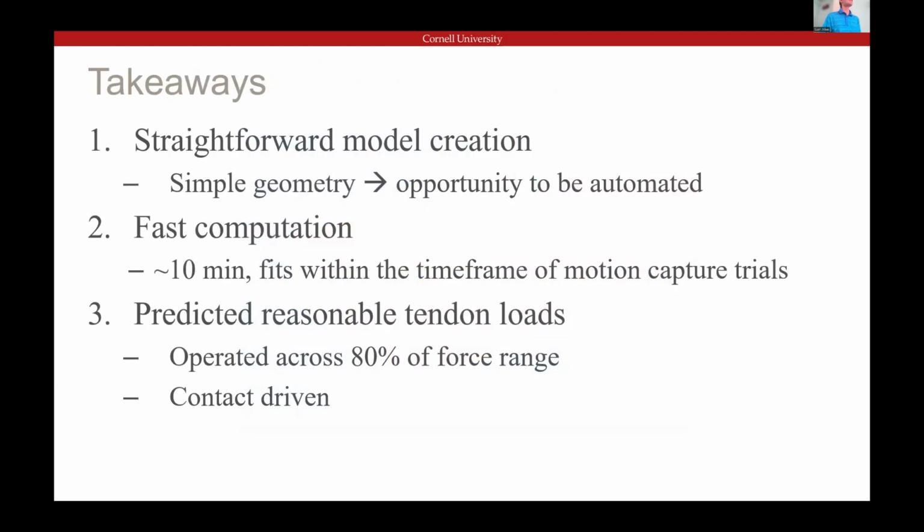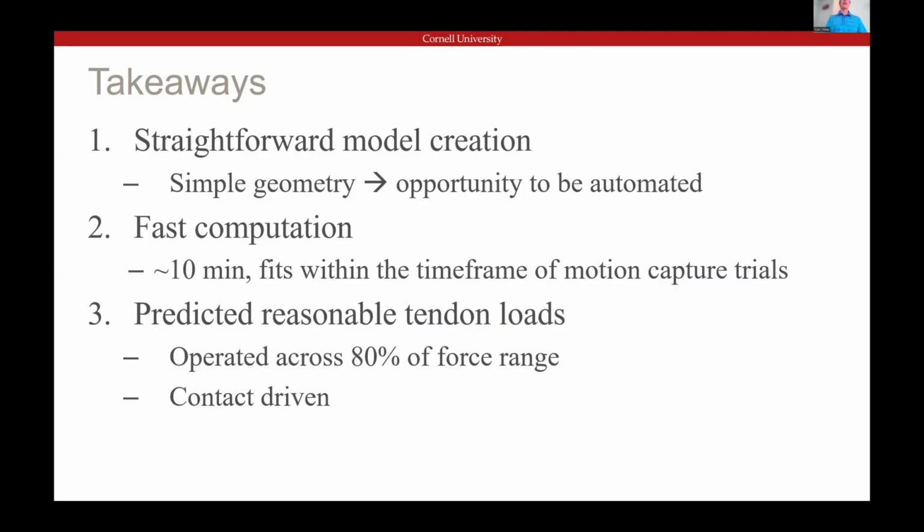So the key takeaways of this model are that it's a straightforward model creation. I used simple patient-specific geometry to create this model and tuned it with the patient parameters. This also leaves an opportunity for this entire process to be automated. I did a lot of repetitive actions throughout this process, which would pair very well with an automated system and also speed up the process.